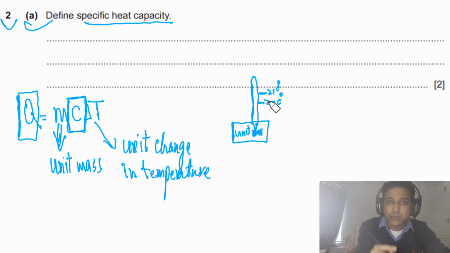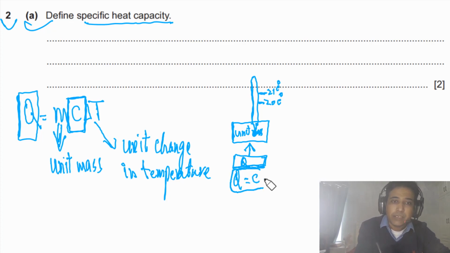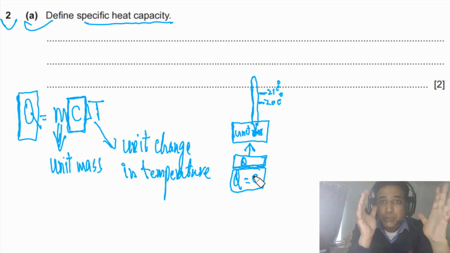How much thermal energy do we have to supply? That thermal energy, which we can call Q, is the specific heat capacity. So that Q will be equal to C. This is how you need to understand physics, and this is how you can define specific heat capacity.